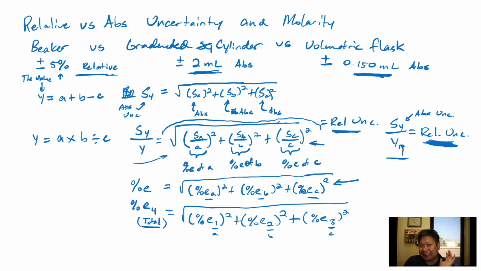If it says it's 250, that's pretty close to 250. It's only off by, like I said, 150 microliters, or 0.15 mils, okay? So if you have any questions, text me on Teams or send me an email. I just wanted to make sure you were clear on the difference between relative uncertainty and absolute uncertainty, and why we want to use either one.